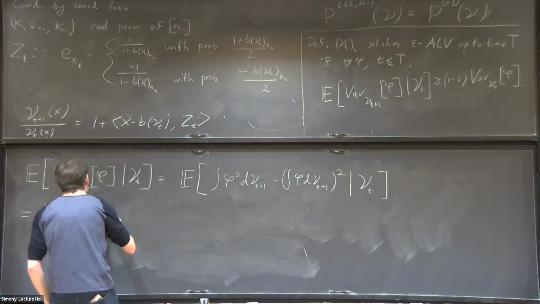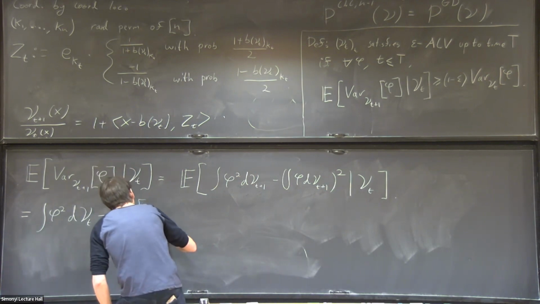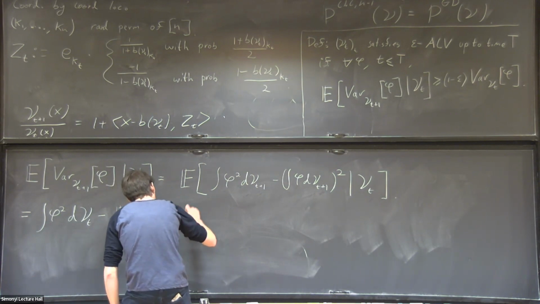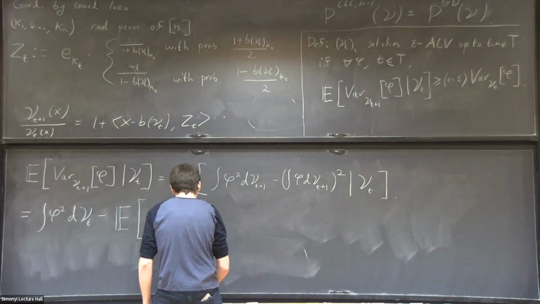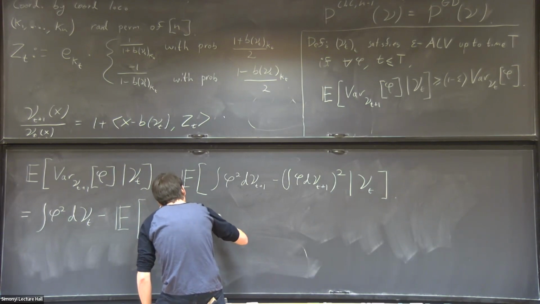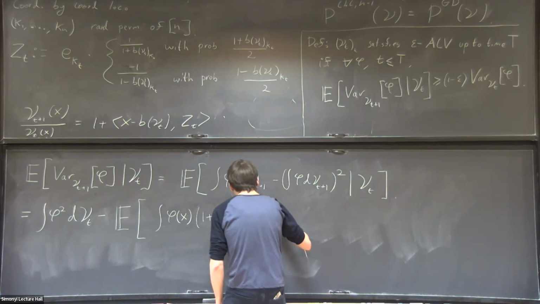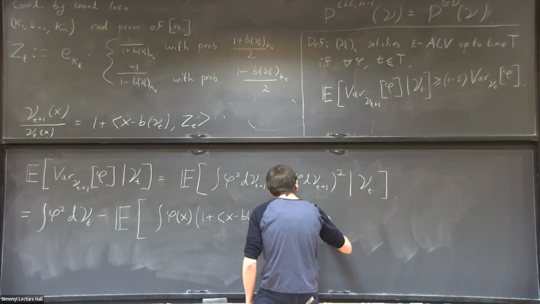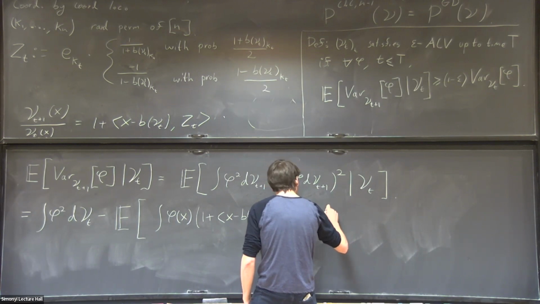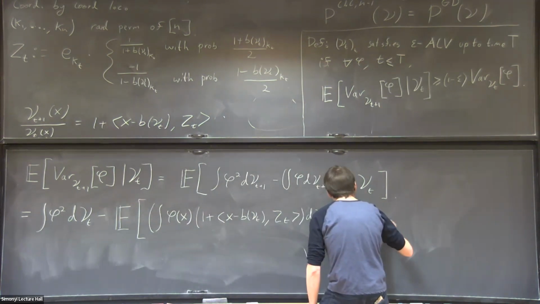So this is going to be minus the expectation of the square of the integral of phi of x times 1 plus x minus the center of mass of nu t, z t, d nu t of x, all of this squared, conditioned on nu t.